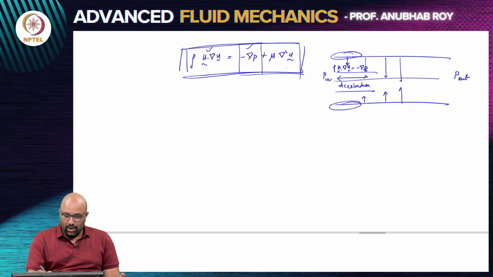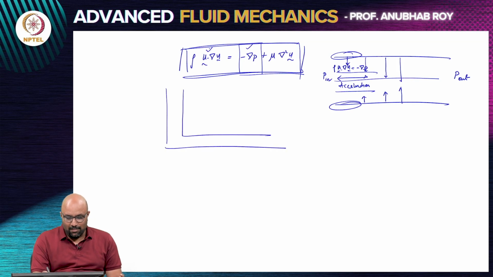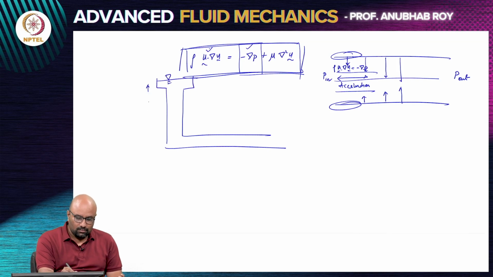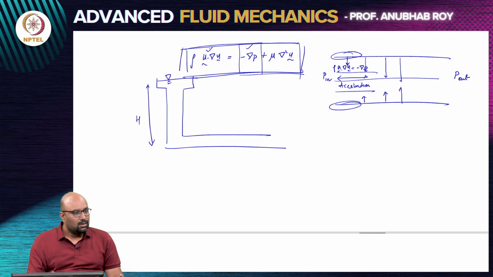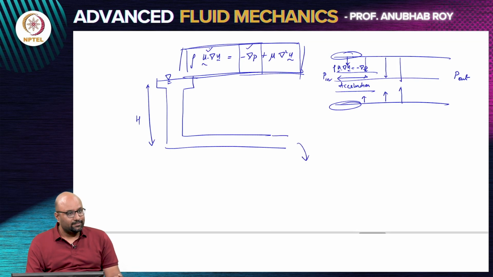So how can you do a pressure drop experiment? You have a pipe and imagine that there is a head of water here. Right? So there is a hydrostatic pressure head here, and this is where it is exiting. That naturally gives you a pressure drop.